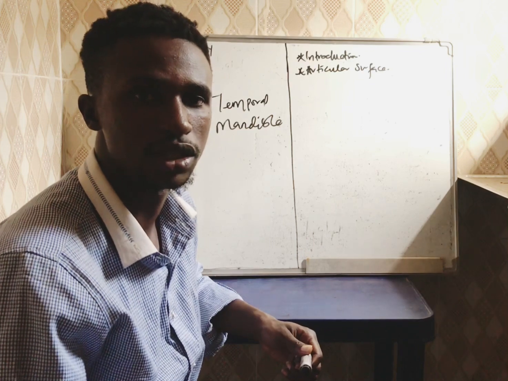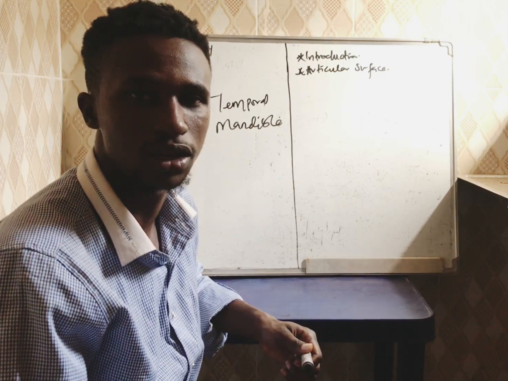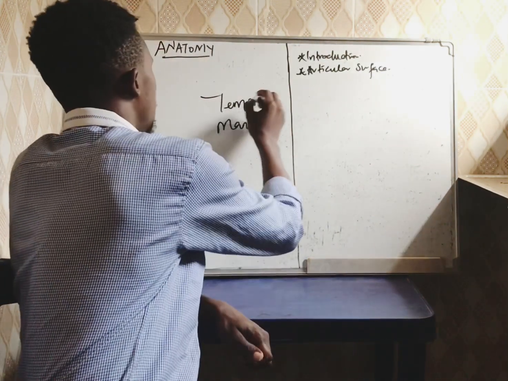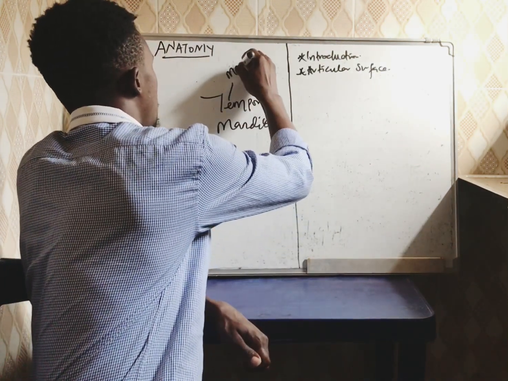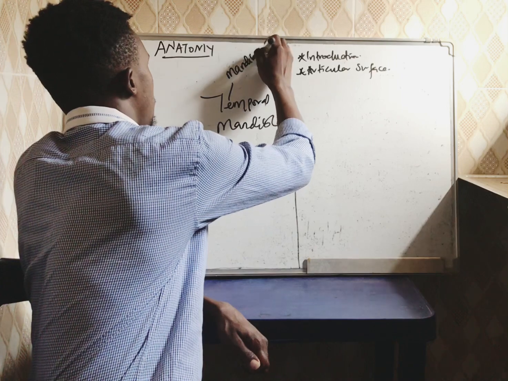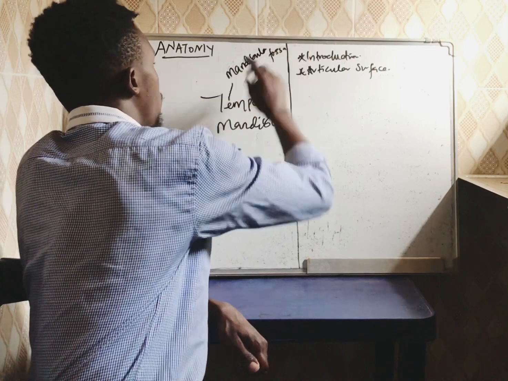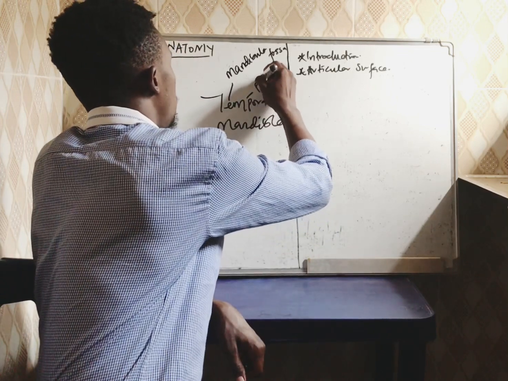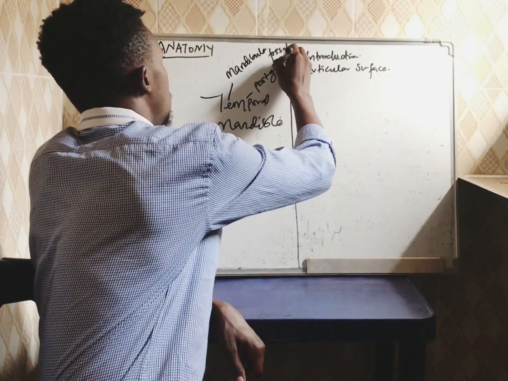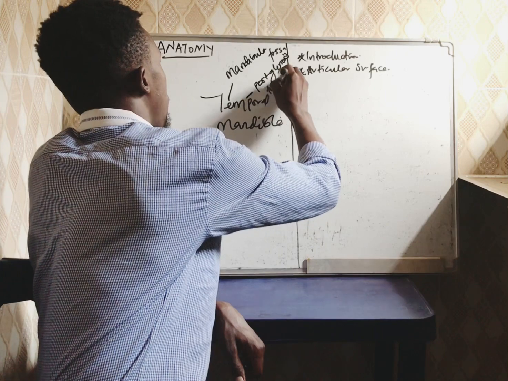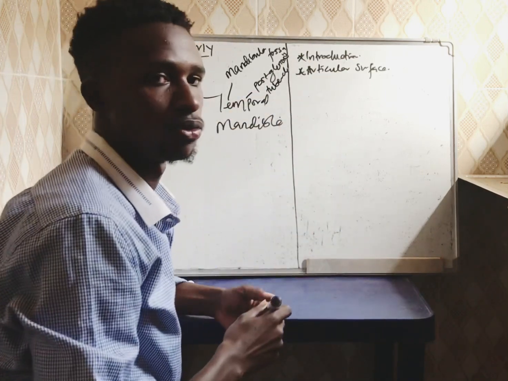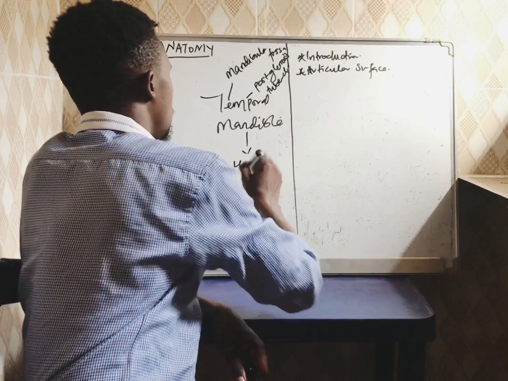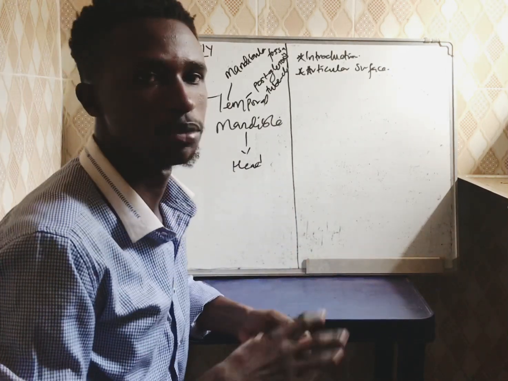It is the mandibular fossa of the temporal bone, and also the postglenoid tubercle of the temporal bone. Then the head of the mandible helps in forming this joint.